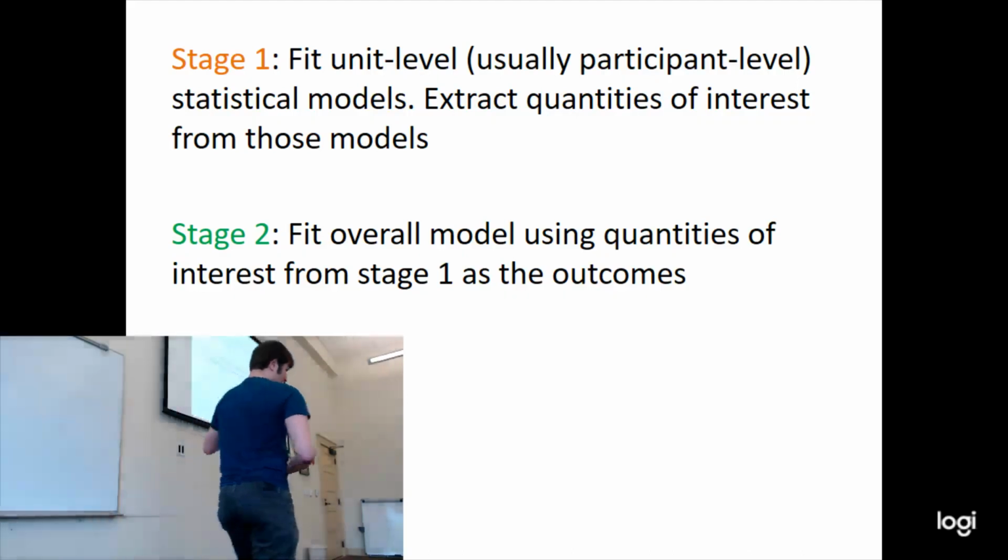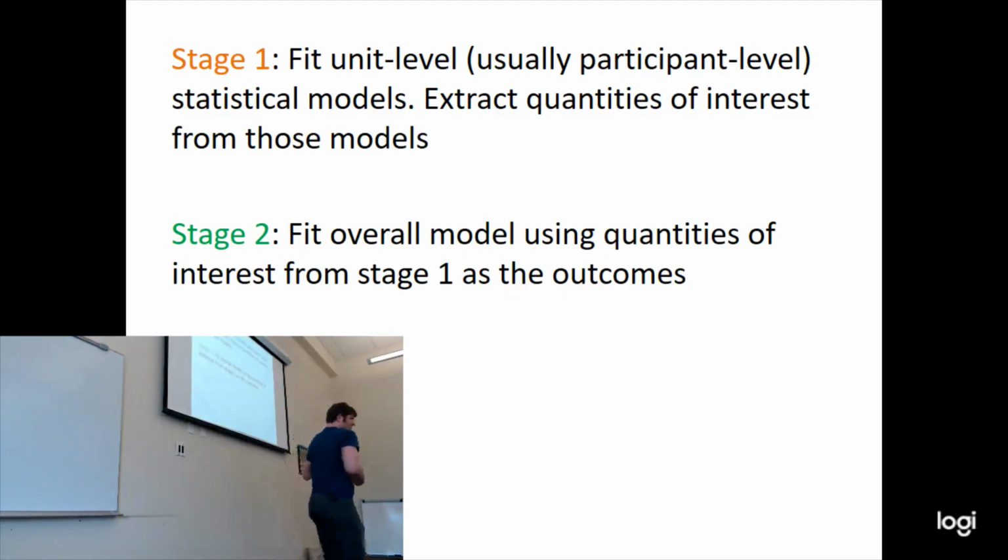In the second stage, you fit some overall models on each of those derived quantities. So an overall model for the intercepts and an overall model for each of the slopes.